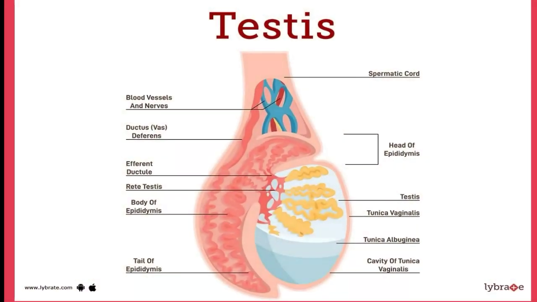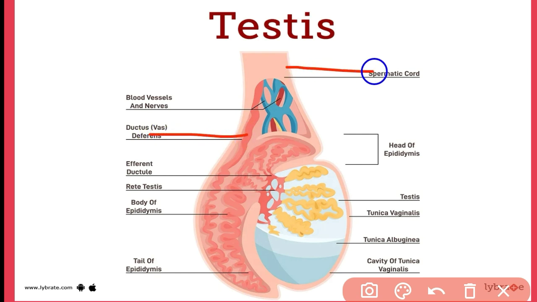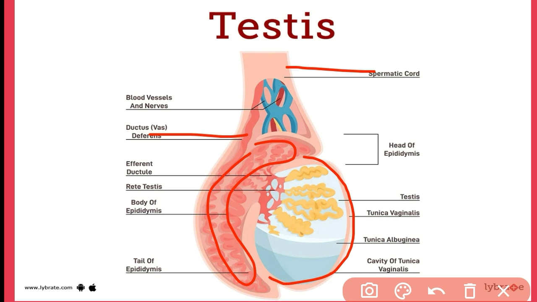This is an image which shows a testis. It is with a ductus deferens. It is a spermatic cord. This part is the epididymis. The layer around the testes is known as the tunica vaginalis.